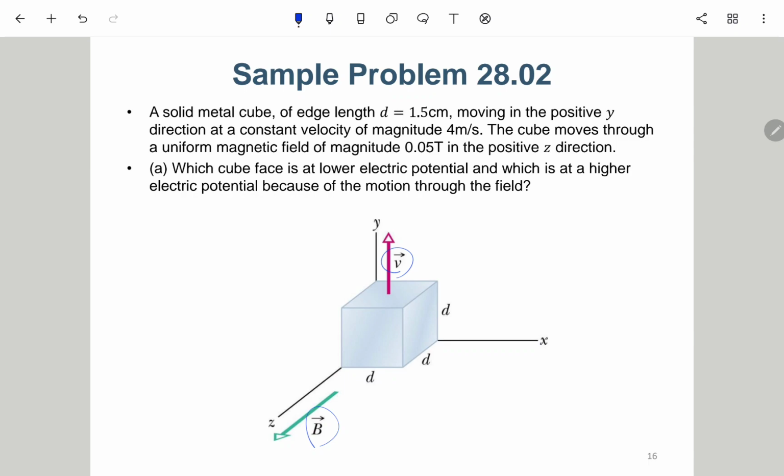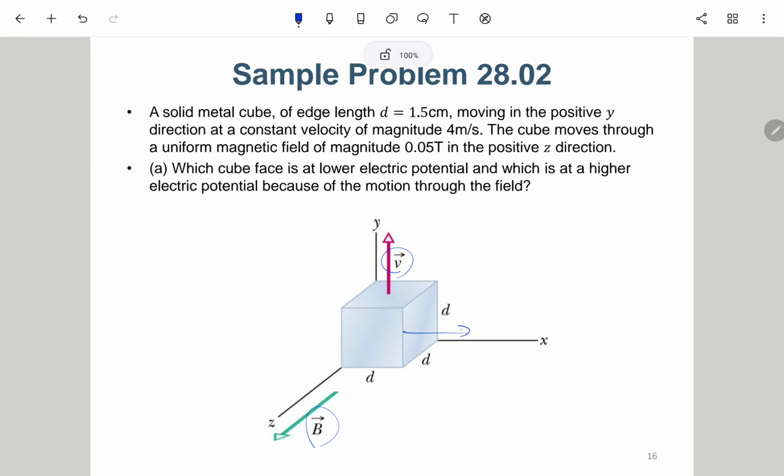First of all, we can determine the direction of F_B. Here v cross B, v is pointing in the y direction, B is pointing in the z direction. y cross z will be positive x.